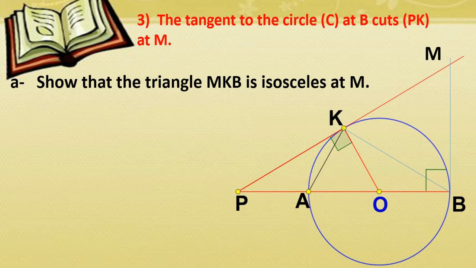So A, show that the triangle MKB is isosceles at M. That means we have to prove that MK is equal to MB.